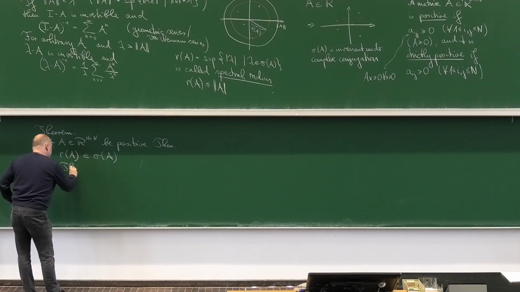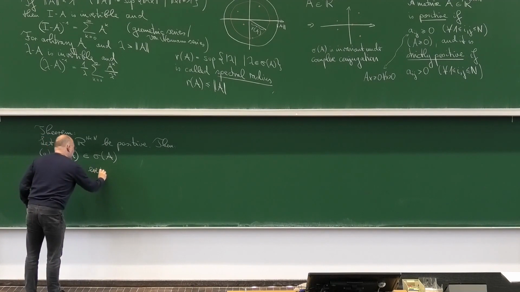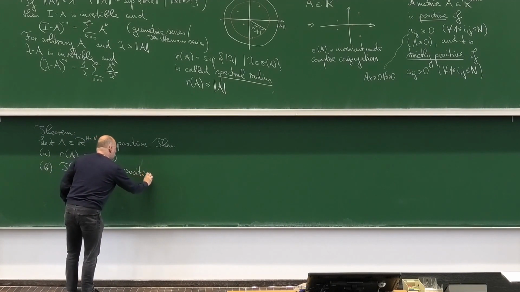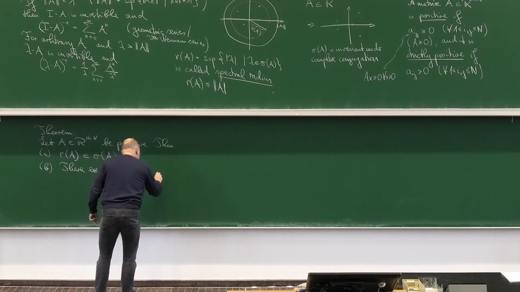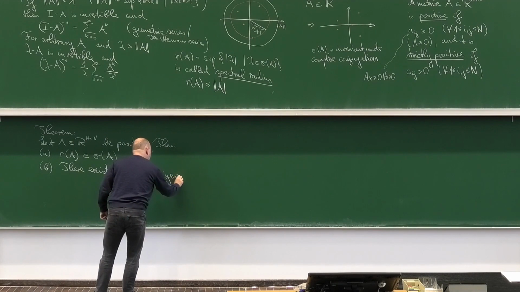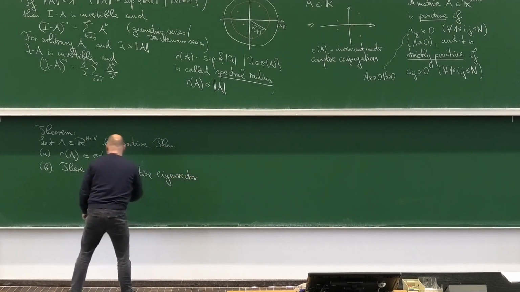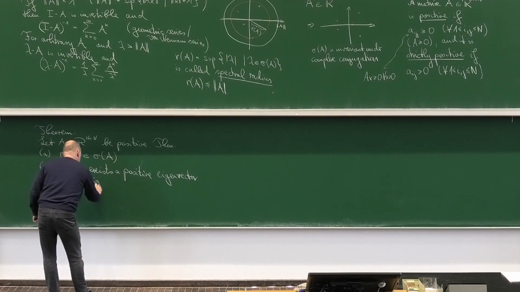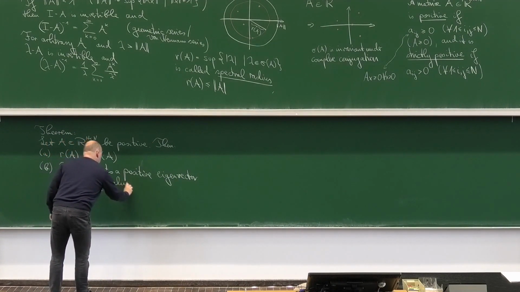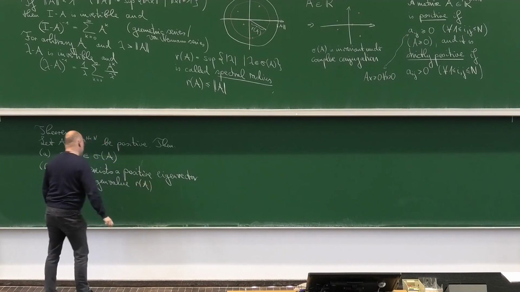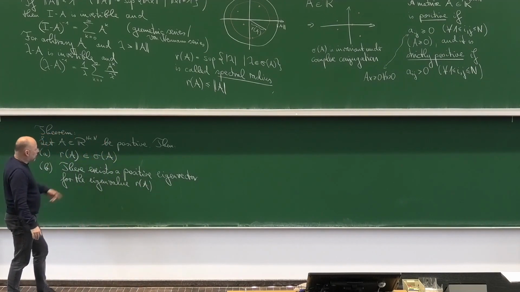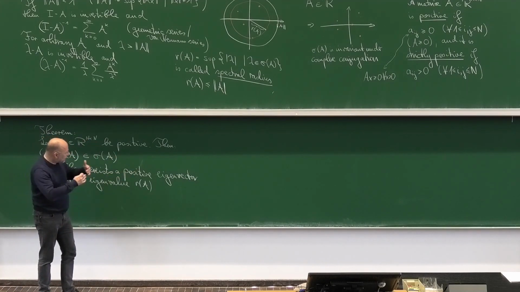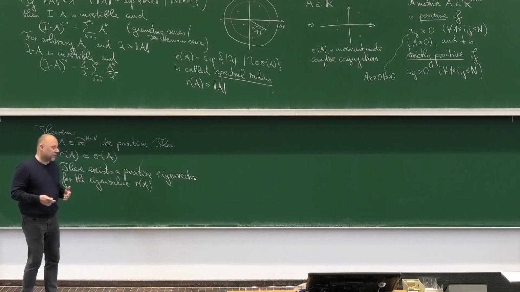B, there exists a positive eigenvector for the eigenvalue r(A). There might be other eigenvectors. I mean, of course, if I have an eigenvector, then also minus this is an eigenvector. But there might also be eigenvectors which change signs.